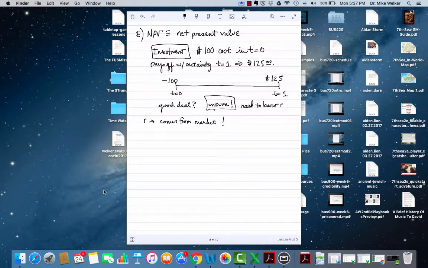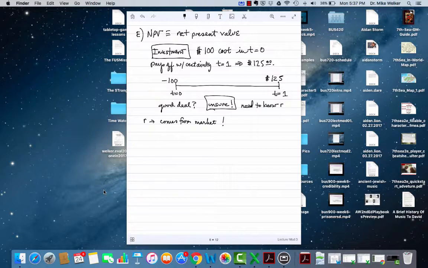A market rate of interest gives us a nice benchmark so we can judge whether an investment is a good one or a bad one. Our general rule is we want to accept investments when they're worth more than they cost, and reject them if they're worth less than they cost.